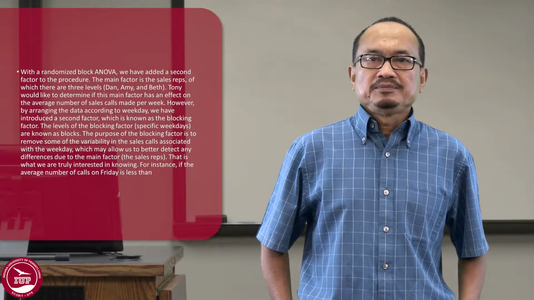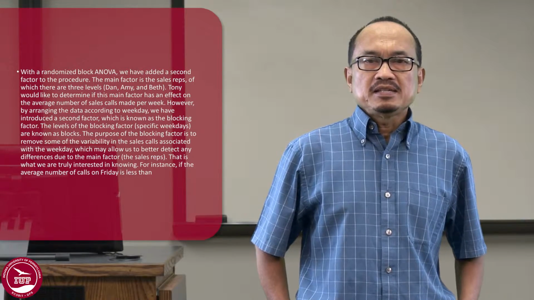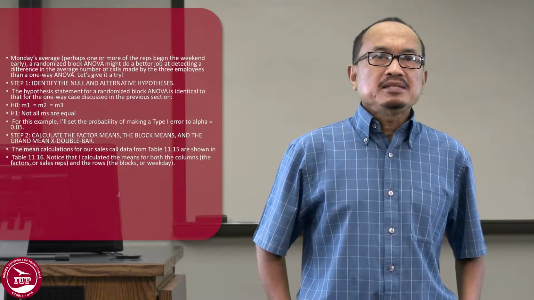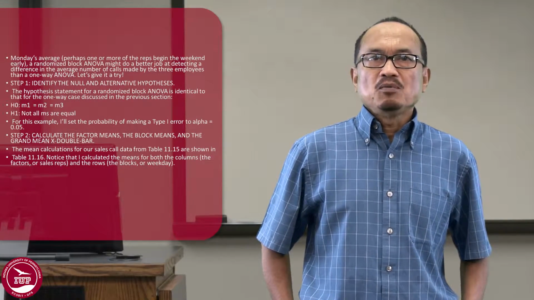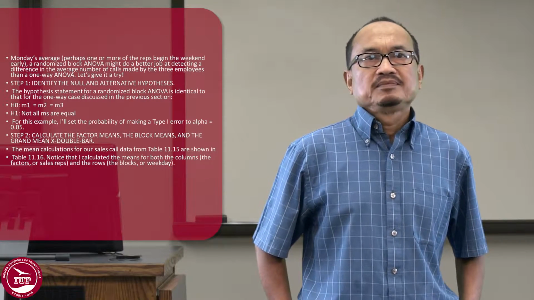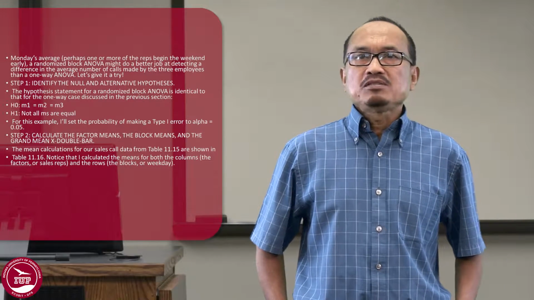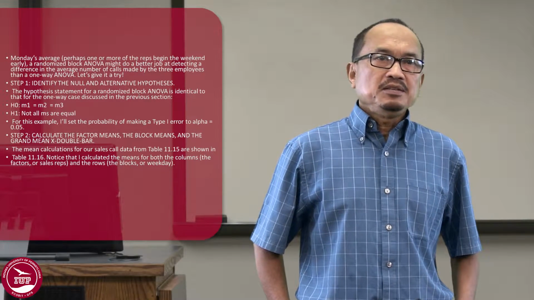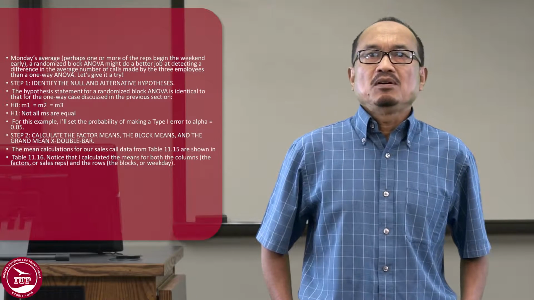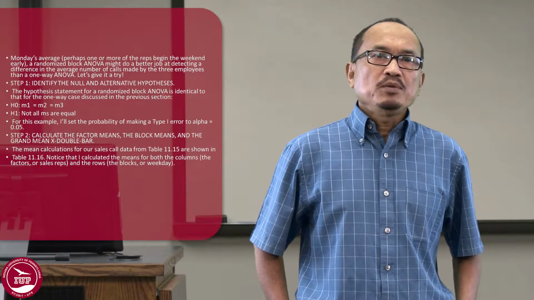For example, if the average number of calls on Friday is less than Monday's average, perhaps one or more of the reps begin the weekend early. A randomized block ANOVA might do a better job at detecting a difference in the average number of calls made by the 3 employees than a one-way ANOVA.